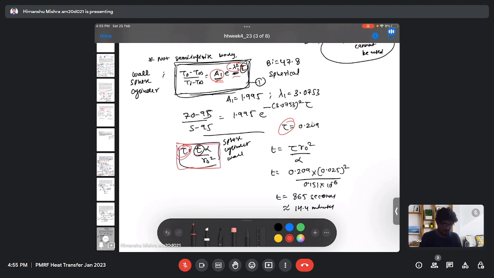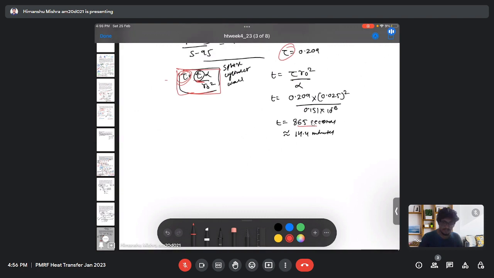Tau is a non-dimensional time, also known as the Fourier number. Using this relation, you can always get the time in dimensional form, which is 865 seconds.